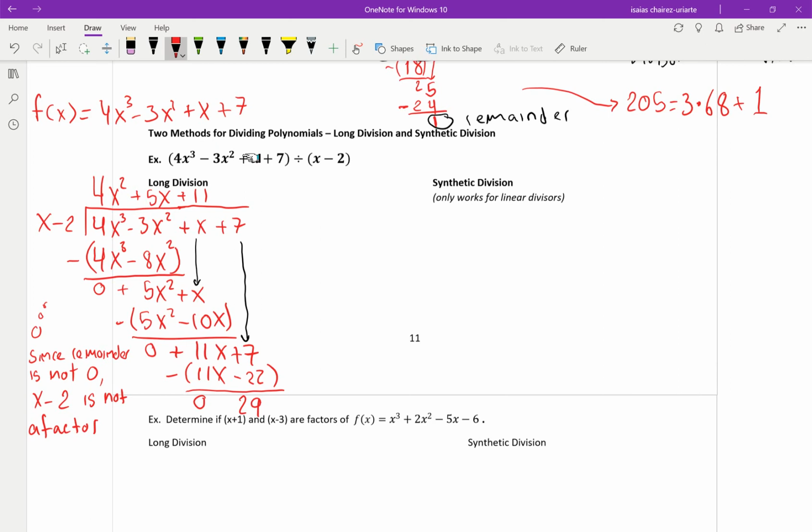All right. So I am naming this polynomial f of x, and what we said here is that since the remainder is not equal to 0, our remainder is 29, then that means that x minus 2 is not a factor of f of x.